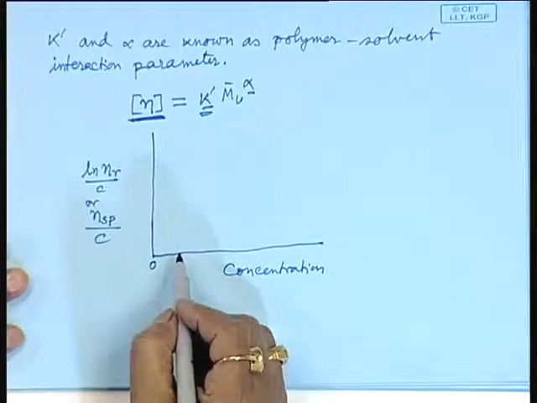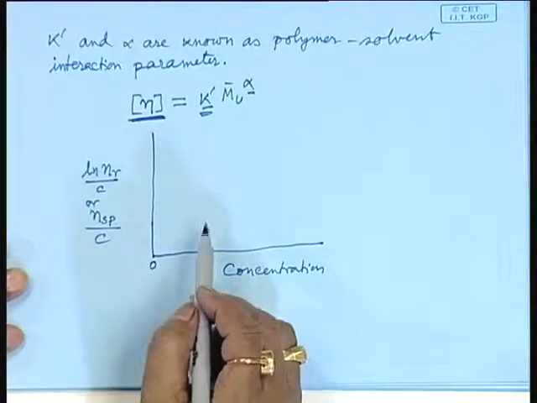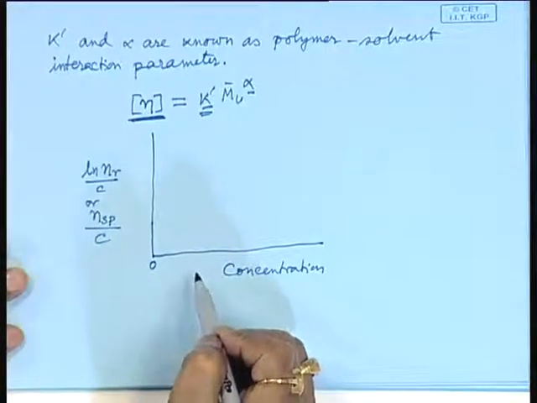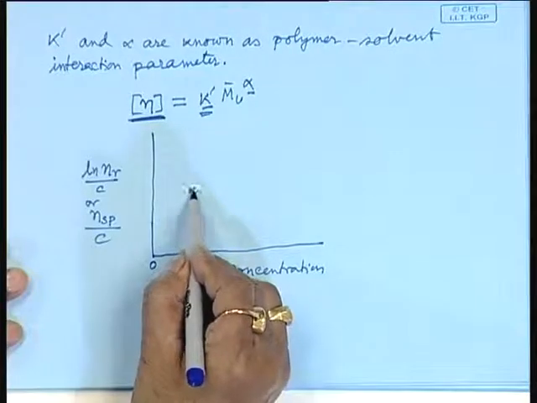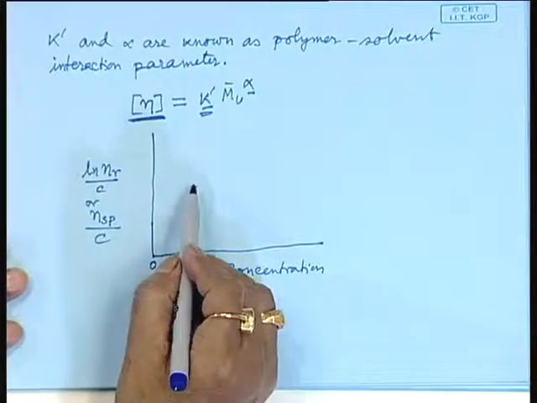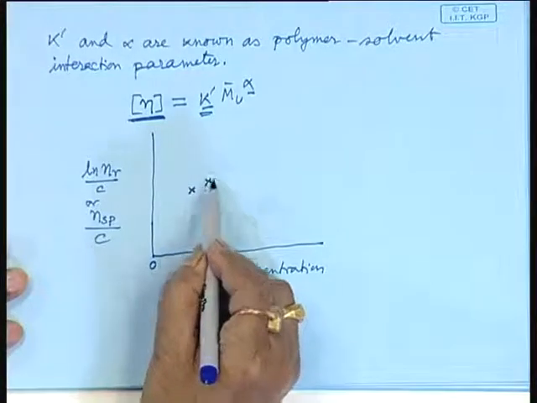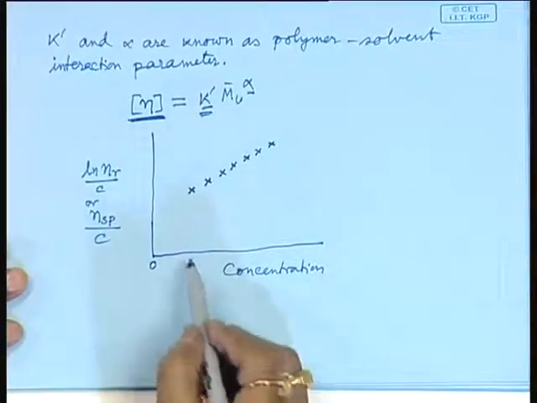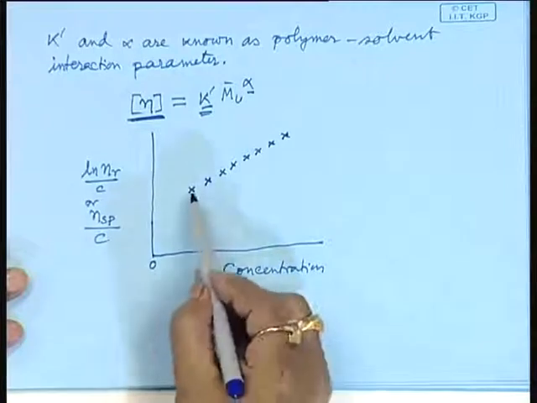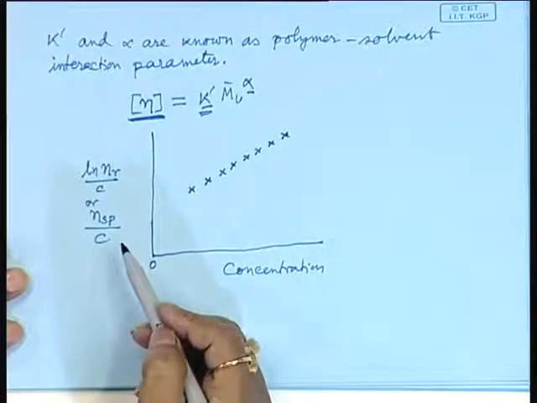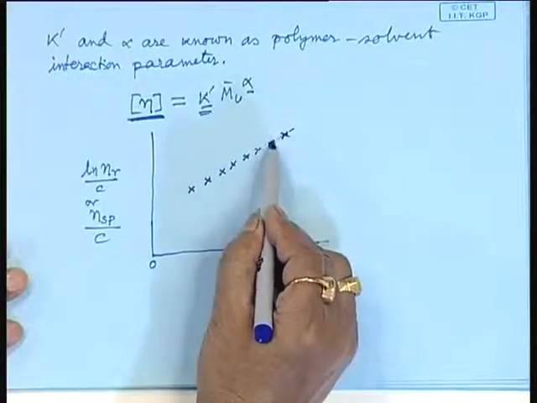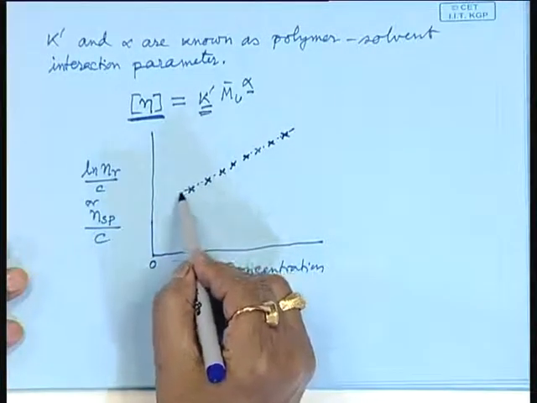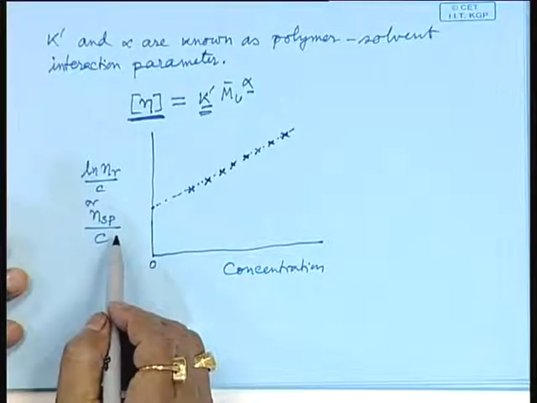This is 0 concentration, and you have to measure the viscosity of different fractions or different concentrations. So, what can you get? You can get eta specific by C, suppose, for different concentrations. Then you extrapolate to the y axis.